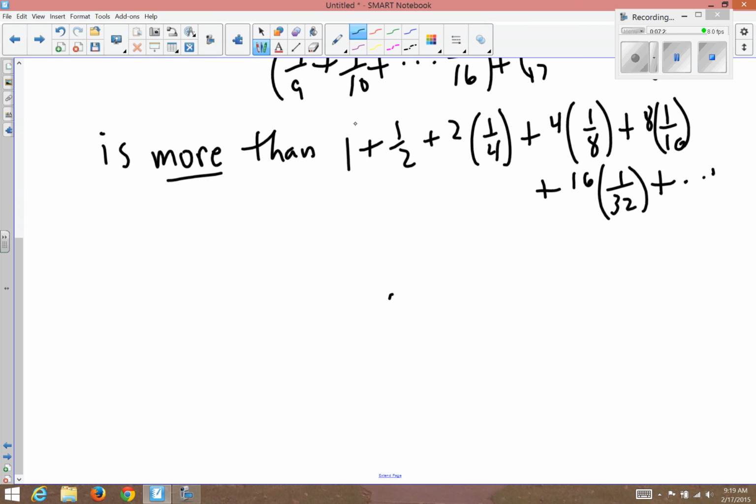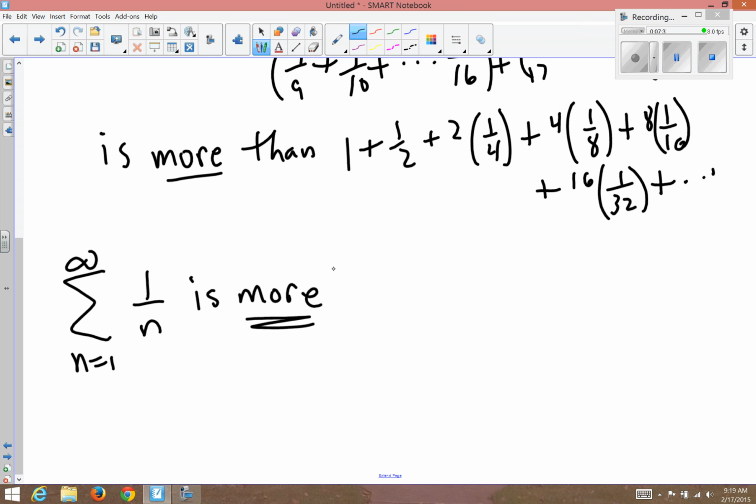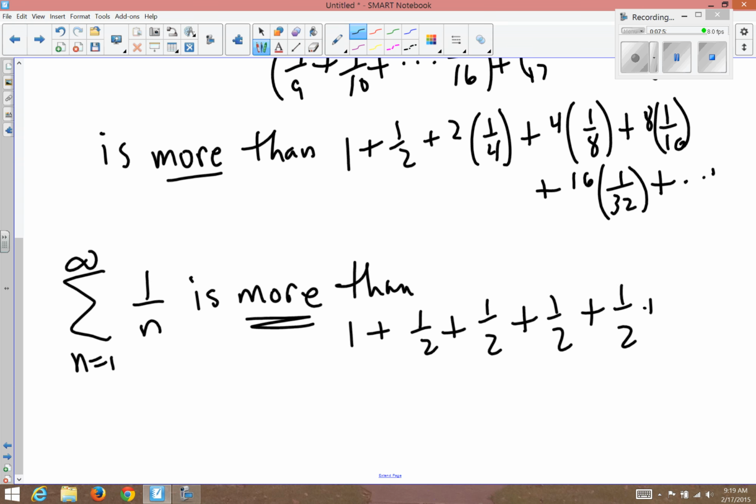This series, sigma 1 over n going from 1 to infinity, the total of all these is more than what I have right here: 1 plus a half, plus this right here is also a half, plus 4 times 1/8, that's also a half. 8 times 1/16, that's also a half. This 16 times 1 over 32 is also a half. And you can continue this forever.